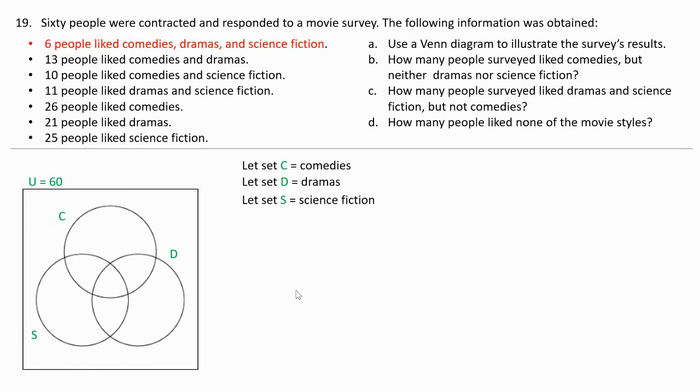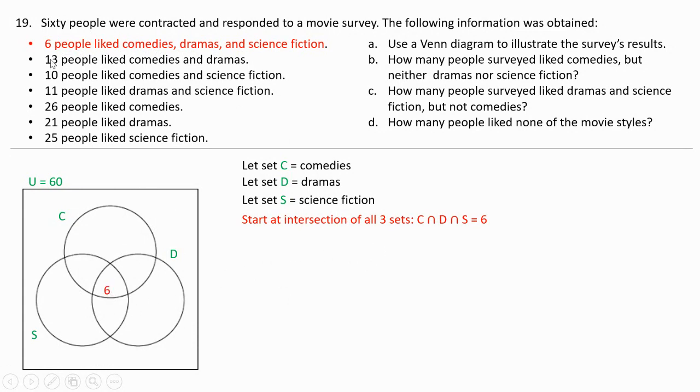Students, the only way you can get this one right is if you start where they all intersect. What do they all have in common? And here it is. The one in red is where you start. 6 people like comedies, dramas, and science fiction. So where all 3 sets intersect will be here in the middle. So that's the 6, right? Start at the intersection of all 3 sets. It's going to be right here.